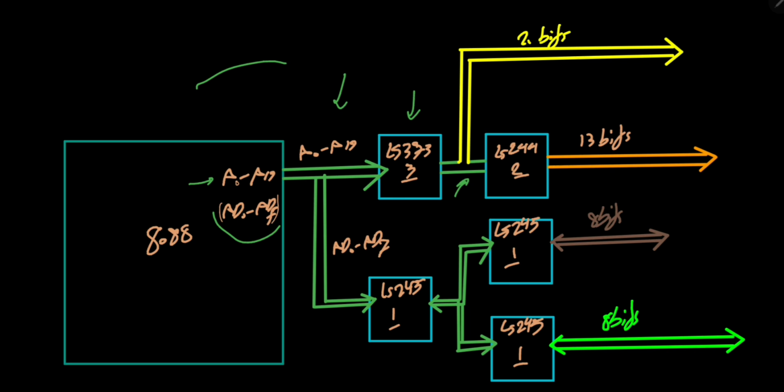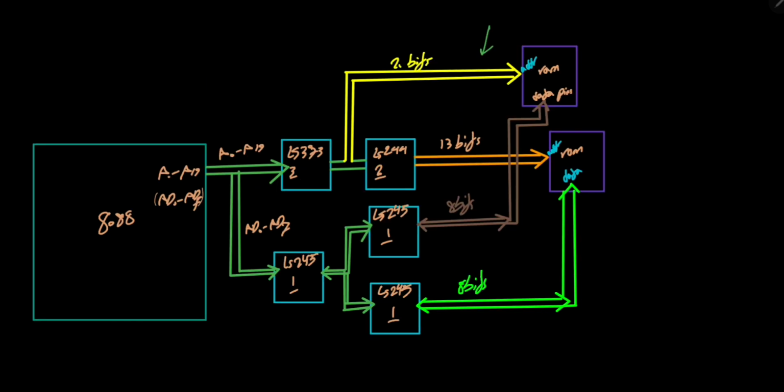These wires are the yellow ones, and they go to the RAM that I have put here. They also go through another set of latches, or at least some of them go through another chip, to create what I have shown as 13 bits to address the RAM.